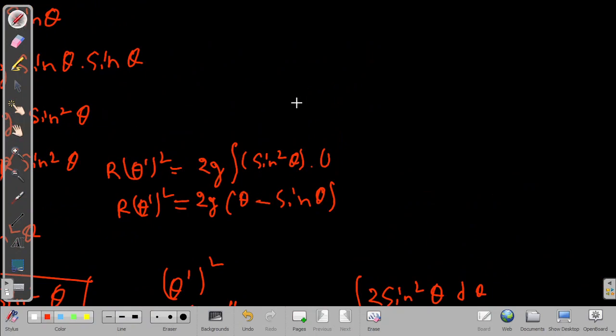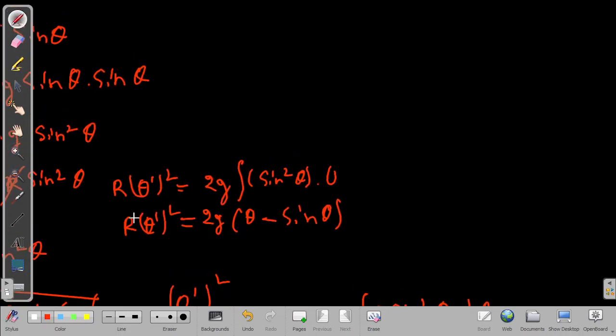Now let us do another thing in order to solve this. Let us take the square root of both sides. Root over r theta dot is equal to root over 2g into root over theta minus sin theta.